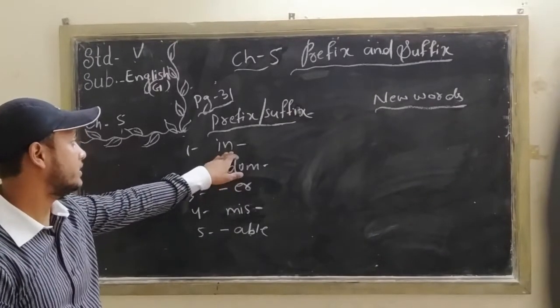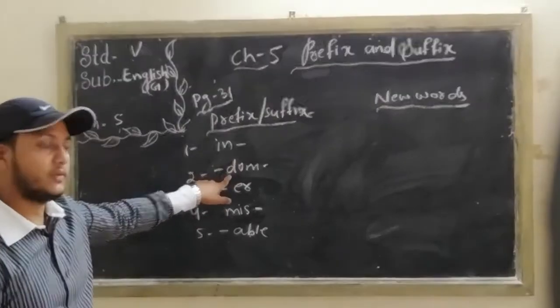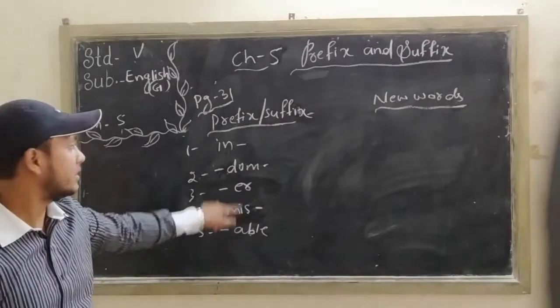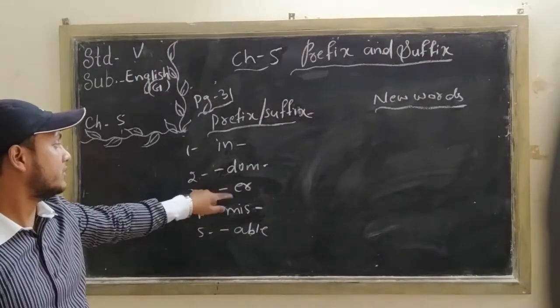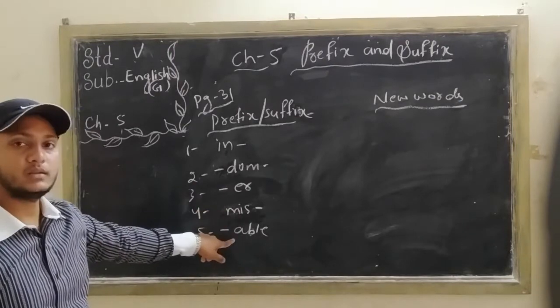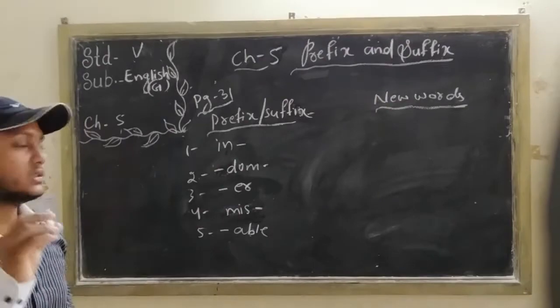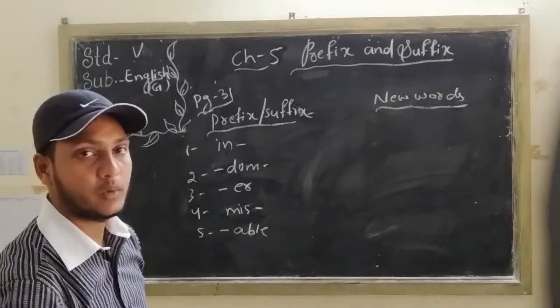In is your prefix, it is a suffix, prefix, suffix, prefix and suffix. So we will have to make three words by using these prefixes and suffixes. So look at the blackboard.